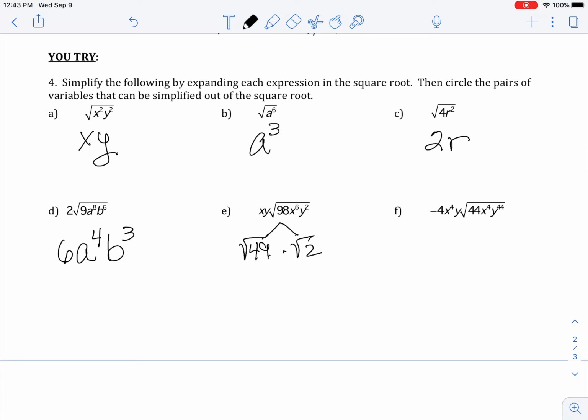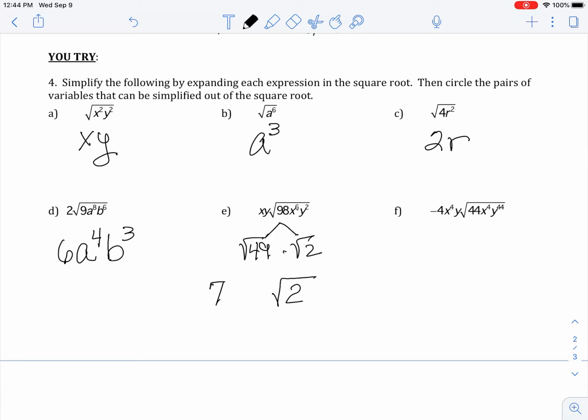Take 98 and divide by 4, 9, 16, 25, 36 until you have the largest perfect square that divides into 98. So that's root 49 and root 2. Root 49 is 7. So now we know a 7 is going to come out, but there's going to be a root 2 remaining inside.